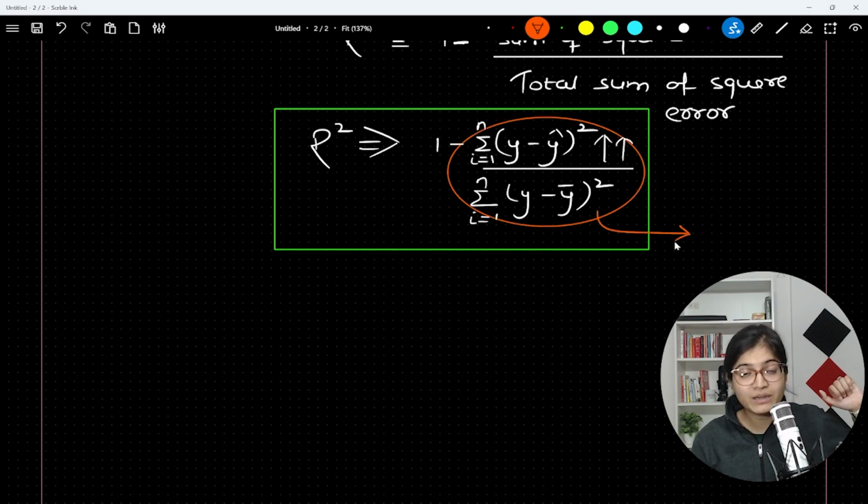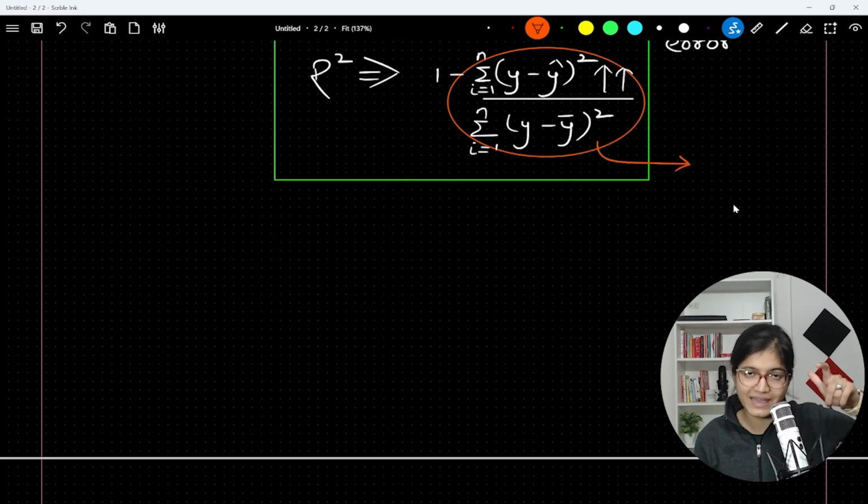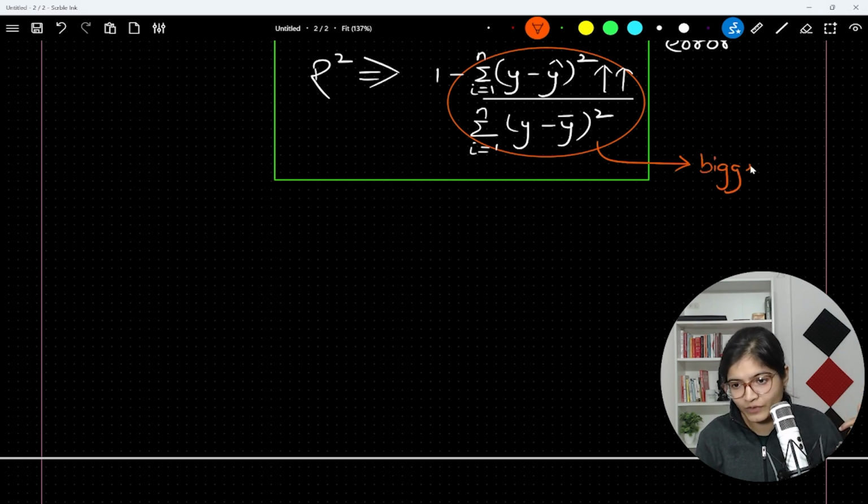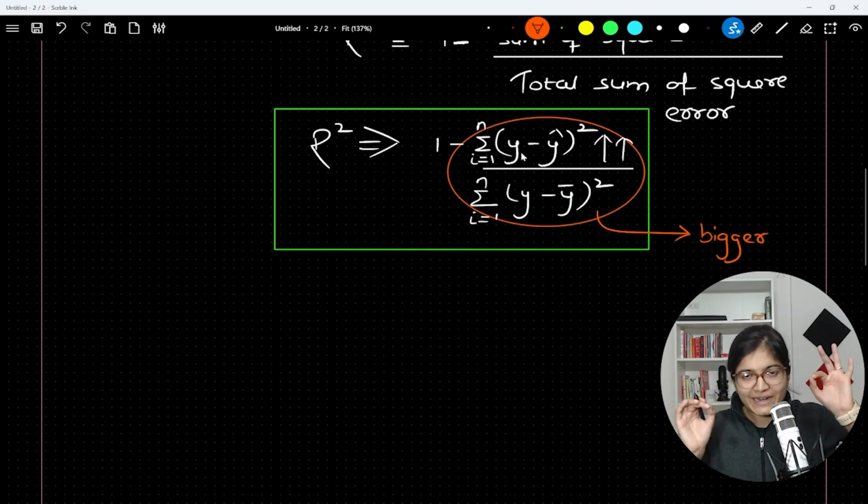This part will be bigger if my sum of squared error is bigger. And if the complete value is bigger, then if you do 1 minus that bigger value, your r square value will be lower. I hope it is clear to everyone. What I am saying is, if your numerator, which is the sum of residual errors, is a bigger value compared to the total sum of squares, your overall term will be bigger.